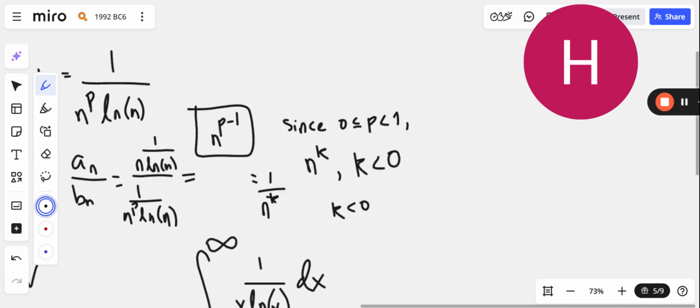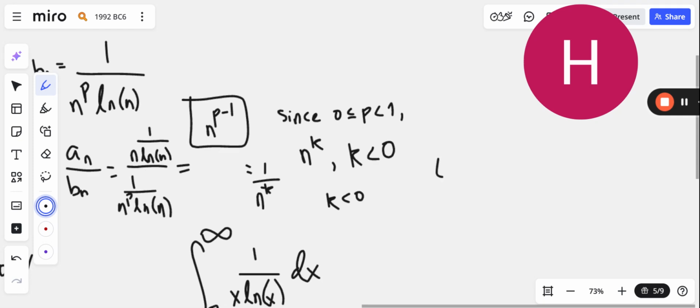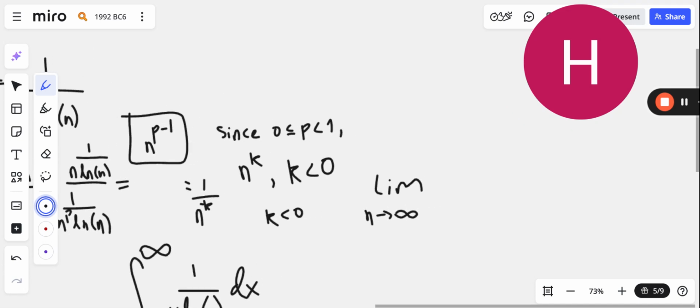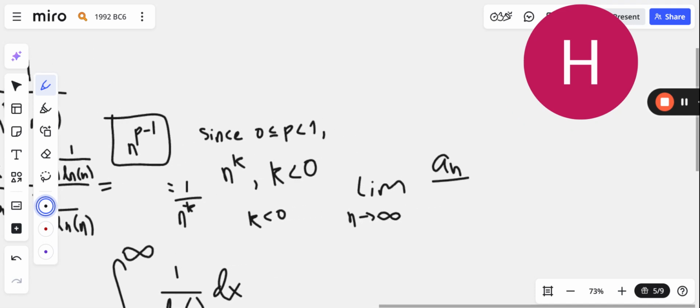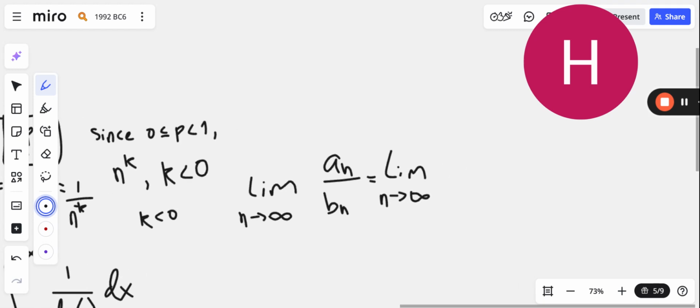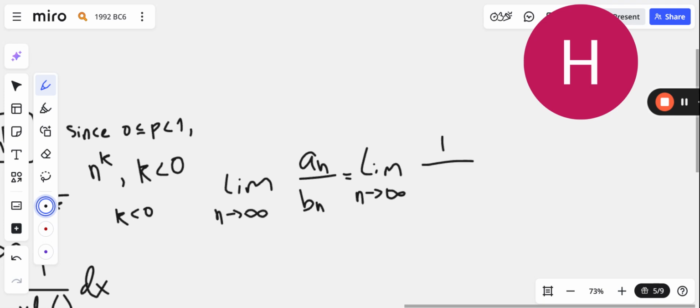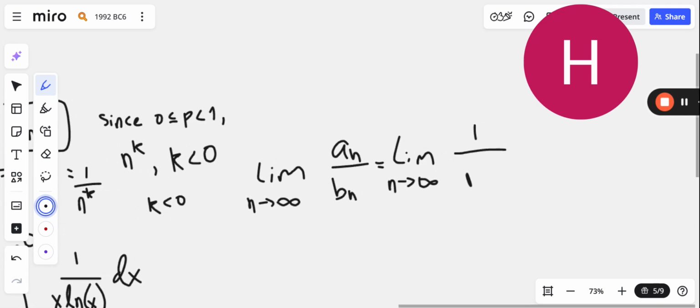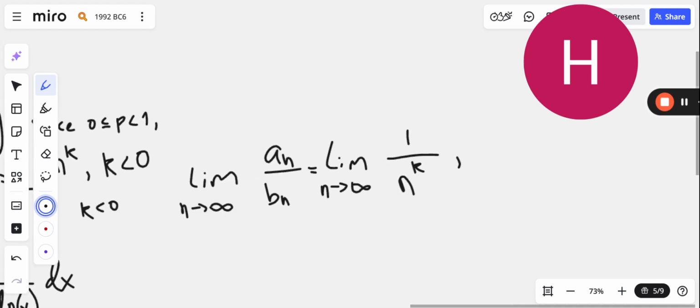Now, if we take a limit of that, this is called the limit comparison test. If we take the limit as n goes to infinity of a_n over b_n, that's the same as the limit as n goes to infinity of 1 over n to the k, where k is less than 0.